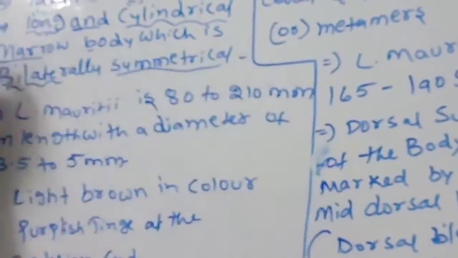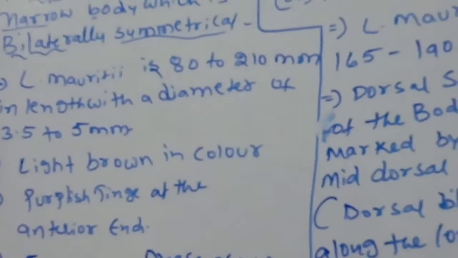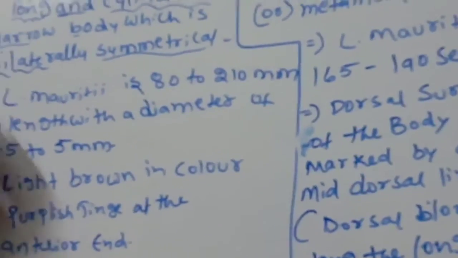What is the meaning of bilaterally symmetrical? We can divide the body into exact halves through a body plane.